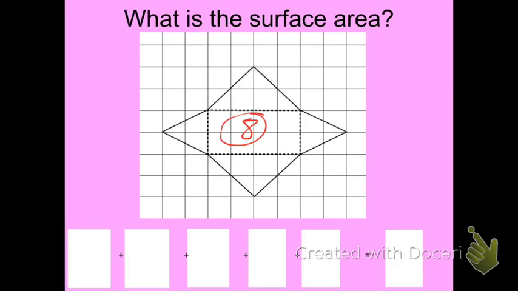Now, are all 4 triangles the same? No. They're not. That's important to notice. They are not the same. So the base of this triangle is how long? 4. Now, what is the height of that triangle? 2. So this one at the bottom is also 4 and 2.